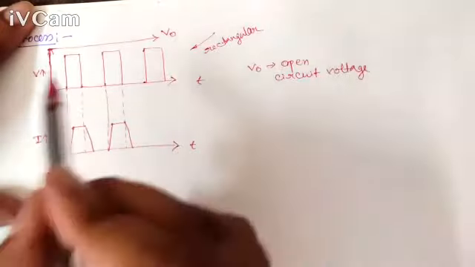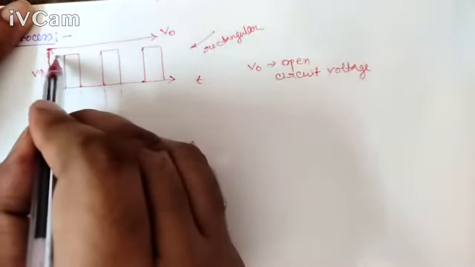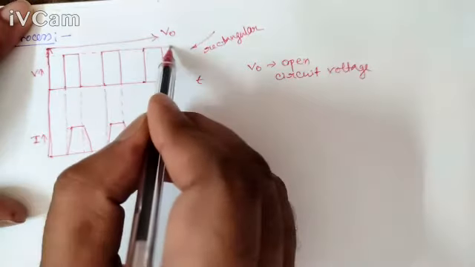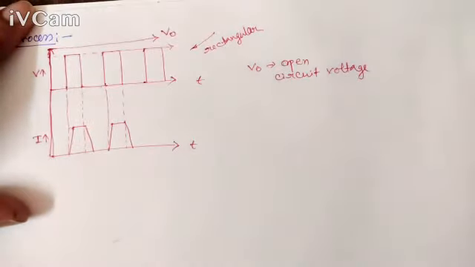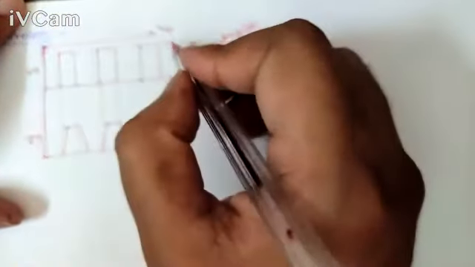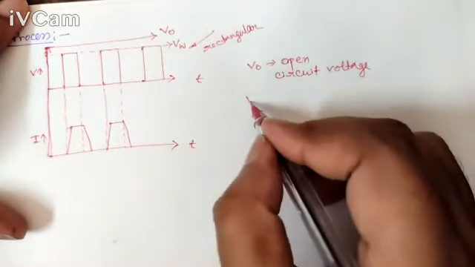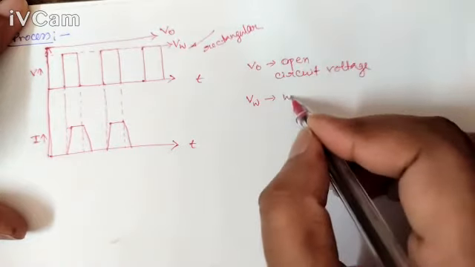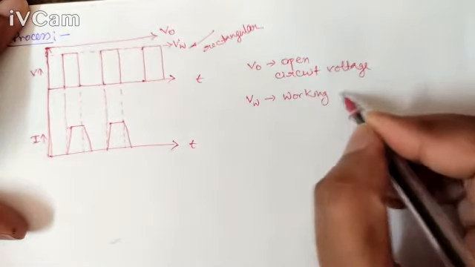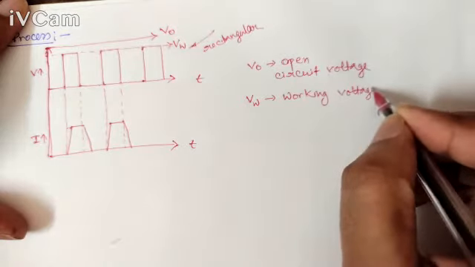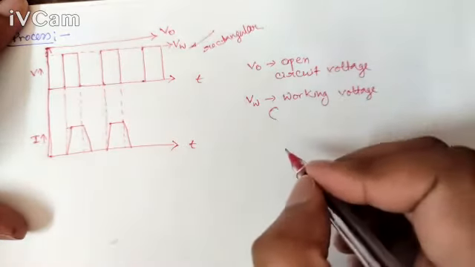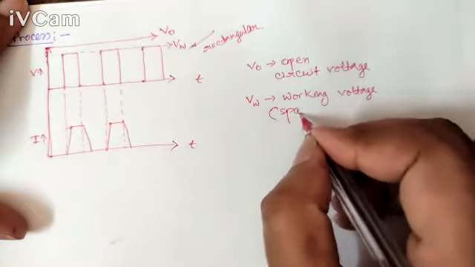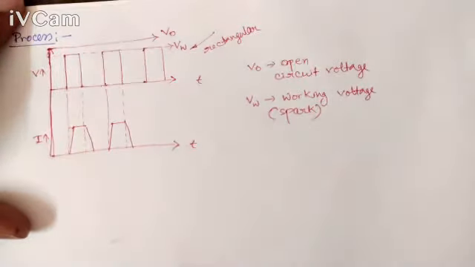That's why this much amount of voltage is used to generate the spark, and that is indicated by VW. So VW is the working voltage. When will the working voltage come? When the spark is generated.